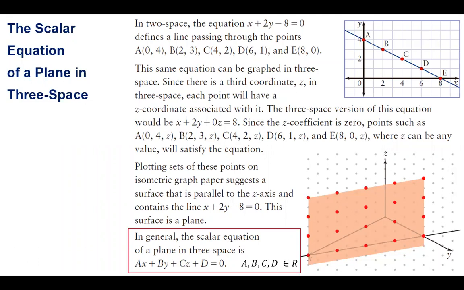Okay, so have a look at this concept here. Scalar equation of a plane in 3-dimensional space is given by Ax plus By plus Cz plus D equals 0. A, B, C, D are all real numbers.